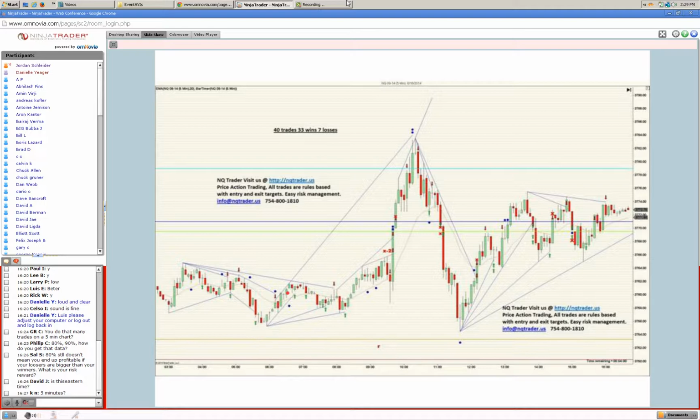You can see them throughout the chart, and each one of those is a trade. Wherever you see a red trend line or an X, that's a losing trade. And like I said, there's 7 losers throughout the 13-hour period in here.